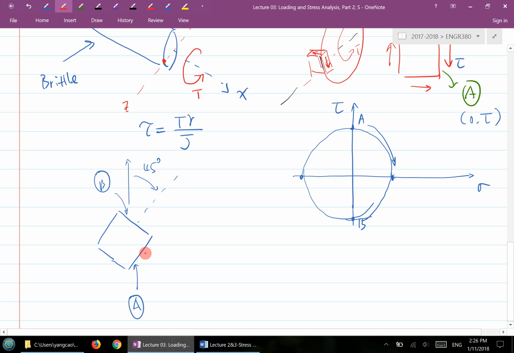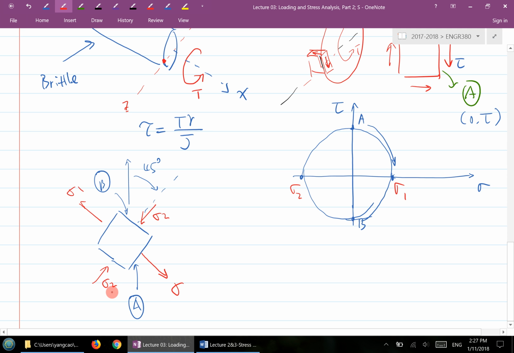Normal, which is also tensile, right? Let's call it sigma 1 here and sigma 2 here. So this is your tensile sigma 1. And what about the side B? B goes from here to here. So B also has a normal stress, but this is compressive.